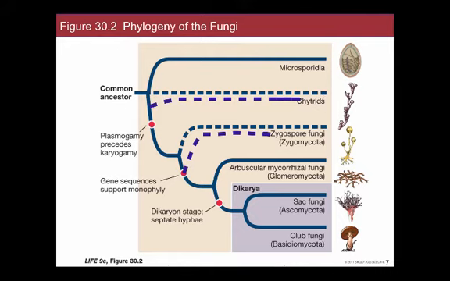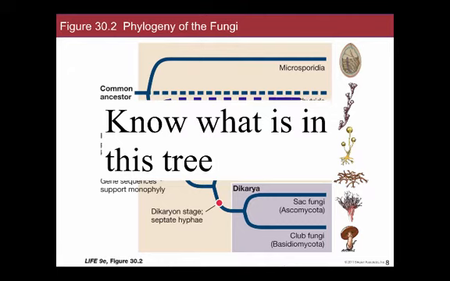It appears that 2 of these lineages may not be monophyletic. The details are still a little fuzzy with some of the phylogenetics that has been done, so we're going to refer to them as a group, but it may be that the Chytrids and the Zygomycota are not actually monophyletic groups. You should learn this tree.